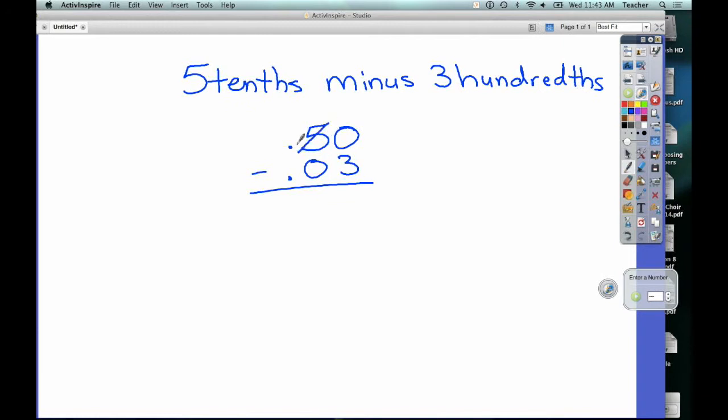What does my 5 become, everybody? 4. What does my 0 become? 10 minus 3? 4 minus 0? 4. So that's what 5/10 minus 3/100 looks like, right? Michael said the answer is 2/10 because 5 minus 3 is 2. Was he correct? No. The answer is no. Because what did Michael forget to do?